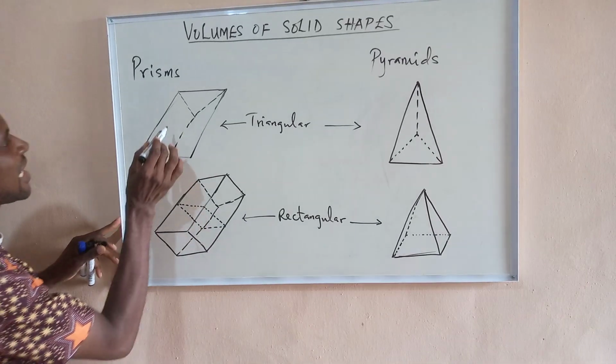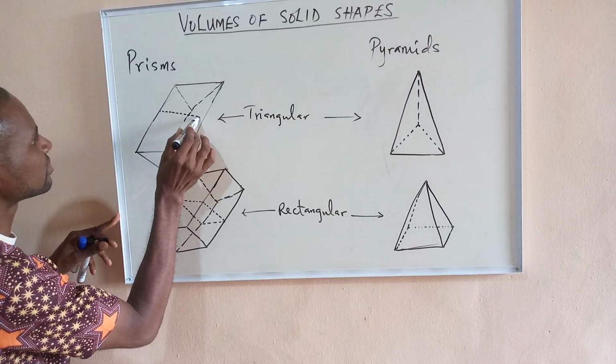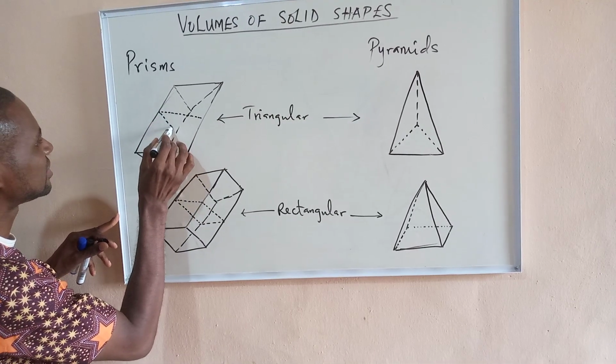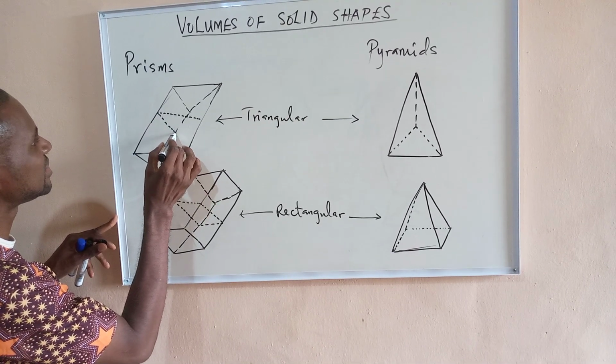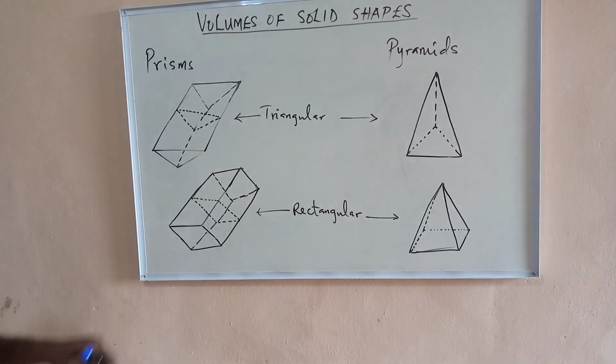At the same time, if you are to talk about this triangular one, you will still find out that you are still having the same triangle, the same shape and the same size.